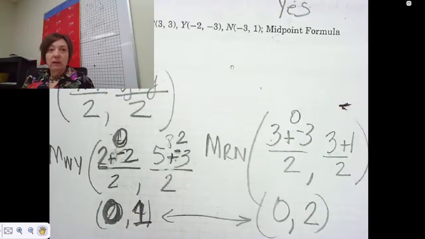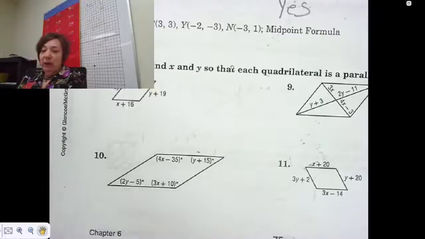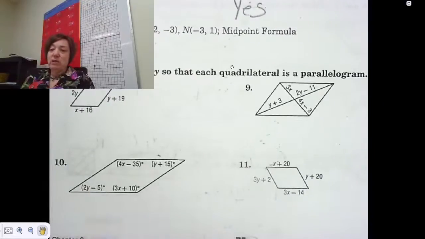I knew from the beginning. Those bottom 4 right there are exactly the same stuff we were doing yesterday. The only difference is yesterday they said these are parallelograms, solve. And today they're saying, what would X and Y have to be if these were parallelograms? It's still the exact same math.